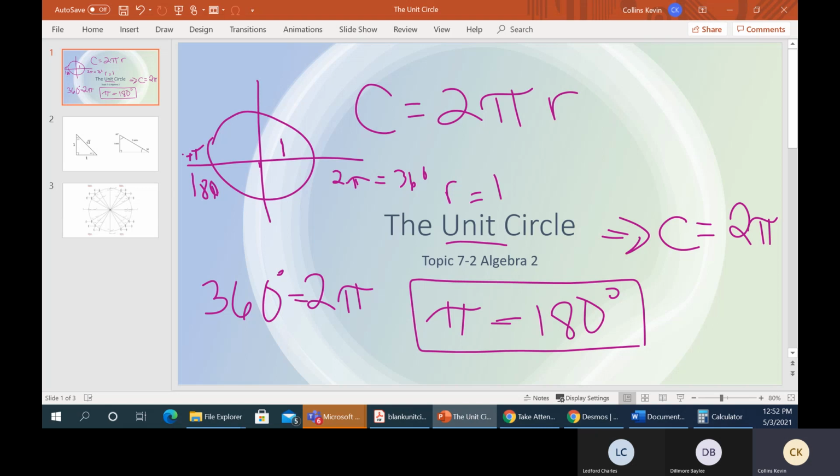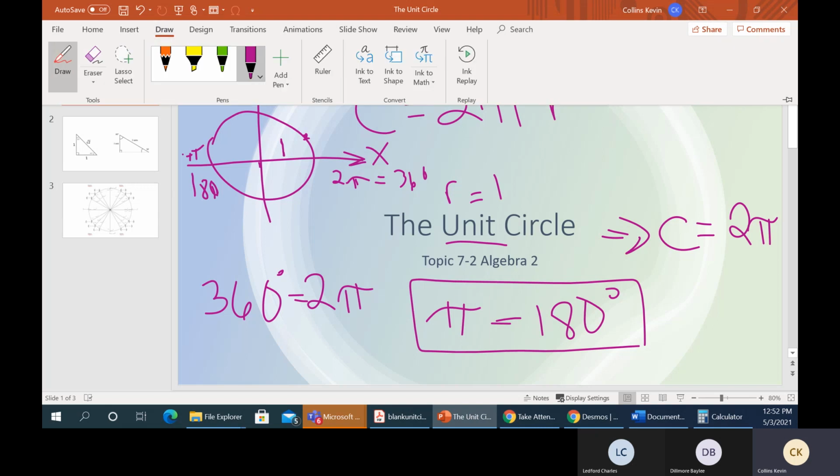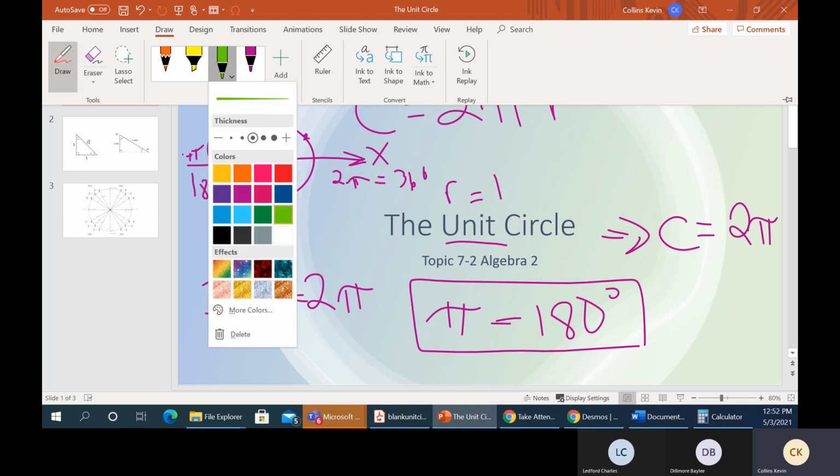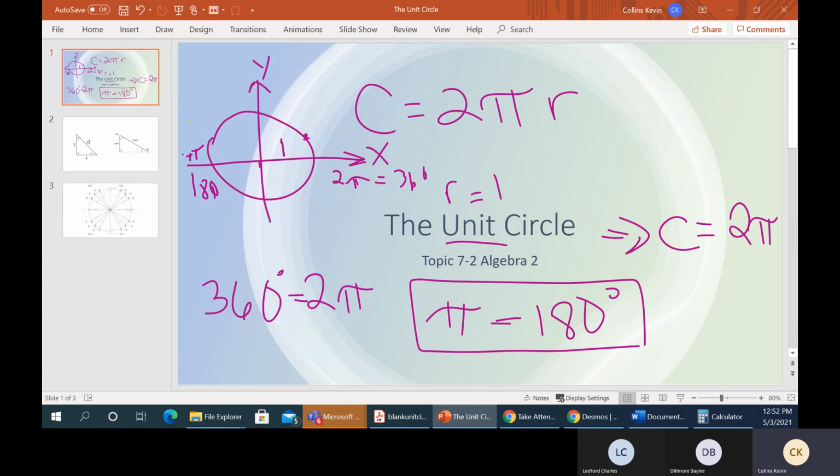Now, one other important thing to know is if you pick a point on the circle, let's say right there, when we have rectangular coordinates, which is basically the XY stuff, if you want to get to this point on the circle and use the grid here, you're going to go over this far in the x direction, and then up this far in the y direction.